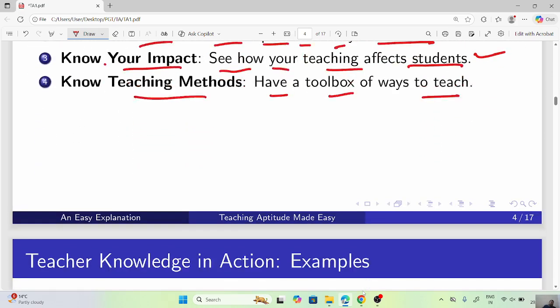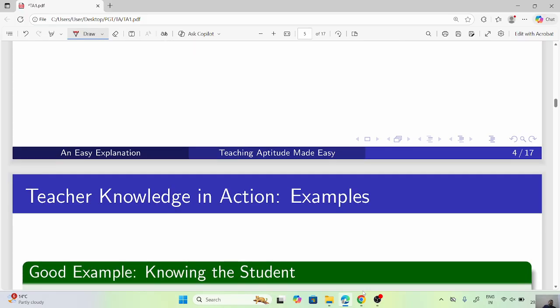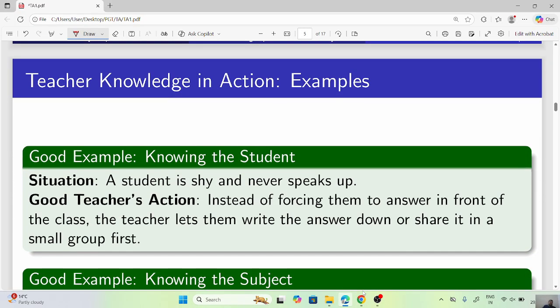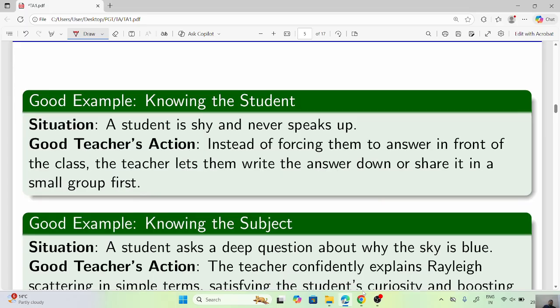Then next one is teacher knowledge in action. For example, if a student is shy and never speaks up, a good teacher acts differently. Instead of forcing them to answer in front of the class, the teacher lets them write the answer down and share it in a small group first.